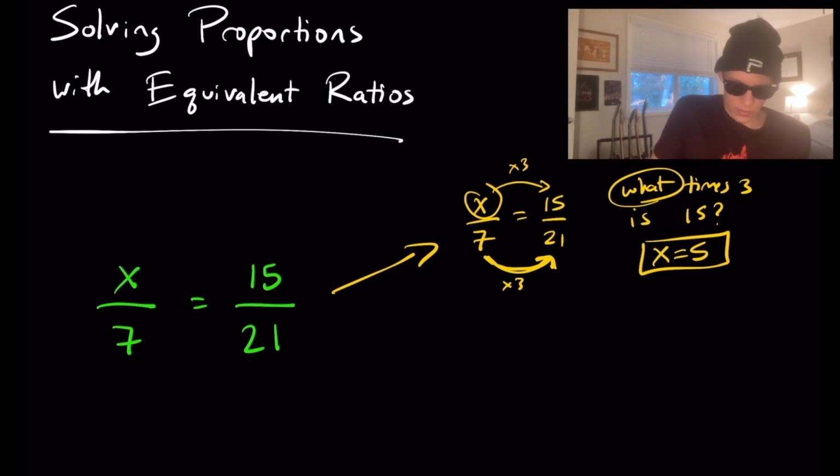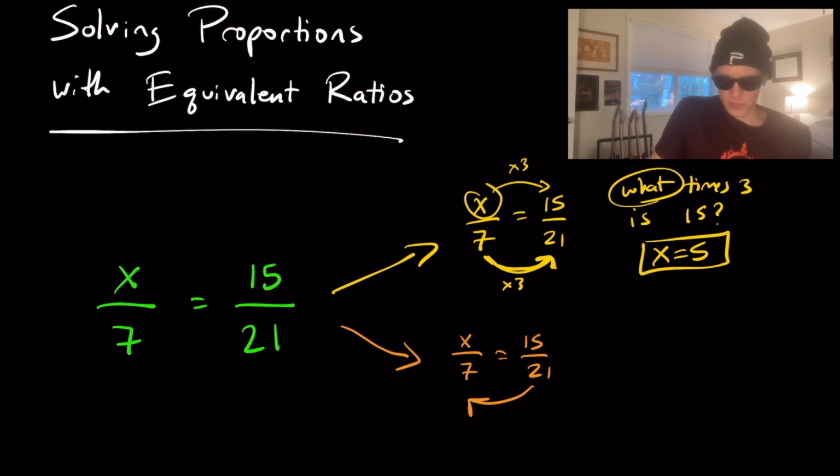The other way that we could do this, very similar, but just going the other way around. So I'll have x over 7 is equal to 15 over 21. If I go from right to left with my denominators, because I'm given those two, might as well start with what's known, not what's unknown. Well, 21 to get to 7, we're going to be dividing by 3. So if I'm going right to left, from that 15 to x, I'm going to divide by 3.